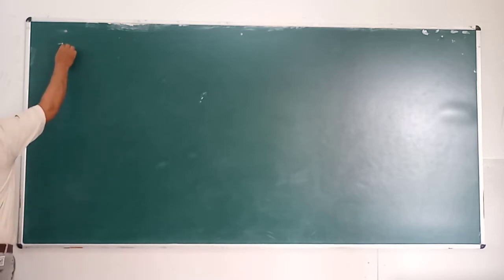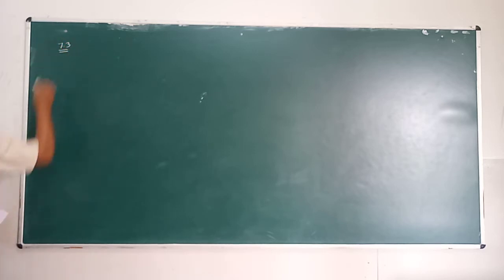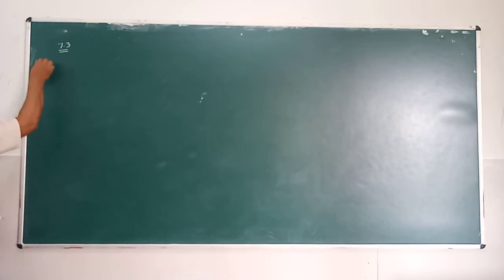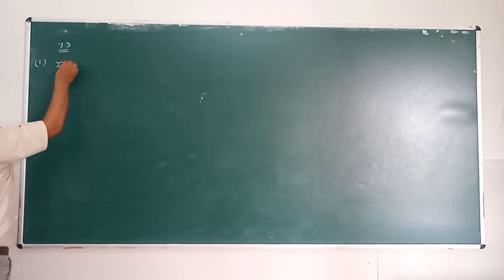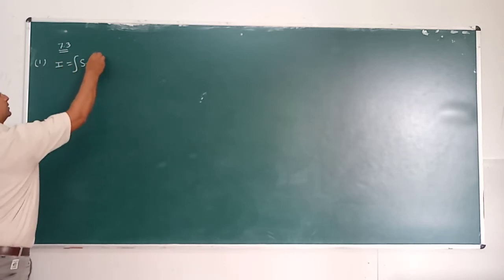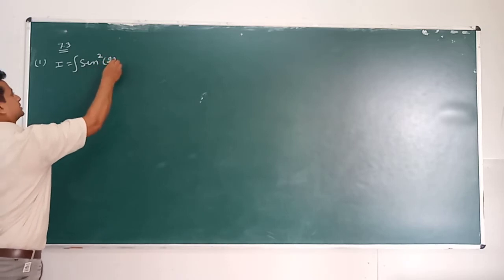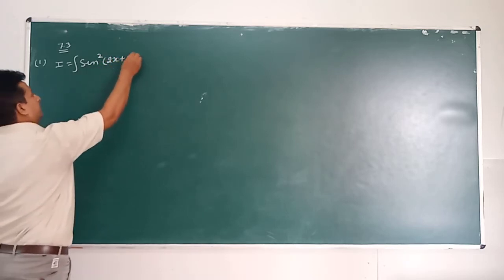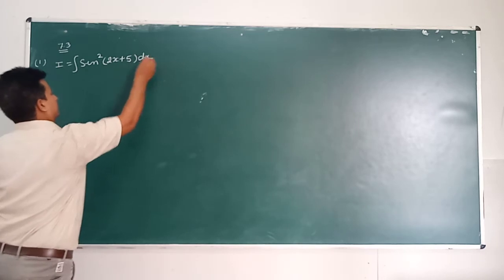Good morning, students. Today we start exercise 7.3 of chapter Indefinite Integrals, in which question number 1 is I equals the integral of sine square of 2x plus 5 dx.